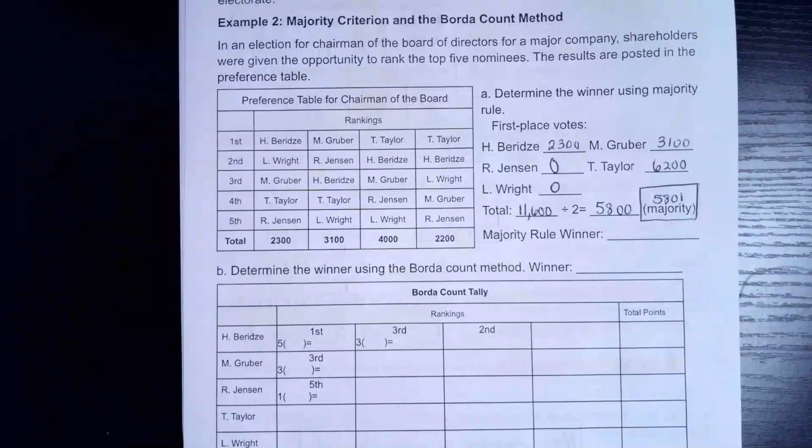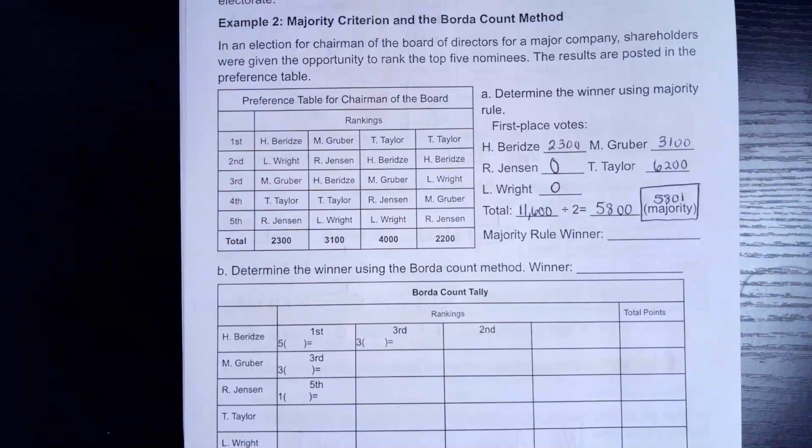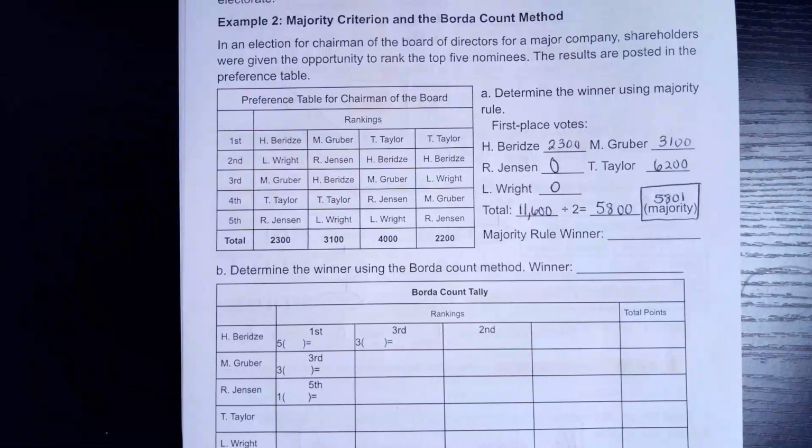If it's an even number, you must add 1 to it to say this would be more than 50%. Now, if it's an odd number, you're always going to end up with a 0.5, so rounding up would be more than the 0.5. Winner is T. Taylor.